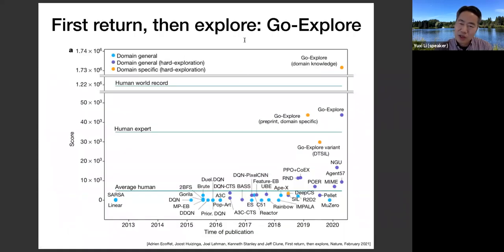And basically at the same time, there's another paper called First Return, Then Explore, Go-Explore. It also studied those games, and actually, I think its results were better than Agent 57. From the title, it's something called first return.